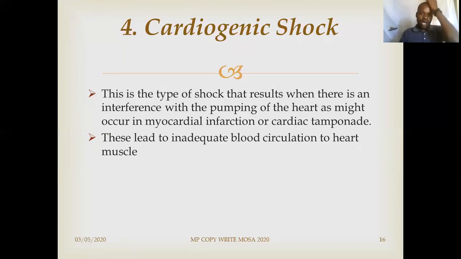So in myocardial infarction, the muscle of the heart, what we call the myocardium, is deprived of oxygen, and we know that oxygen is brought to these cells by blood. In other words, there is reduced blood supply to the muscle of the heart, leading to shock, and this is the reason why it's called cardiogenic shock.